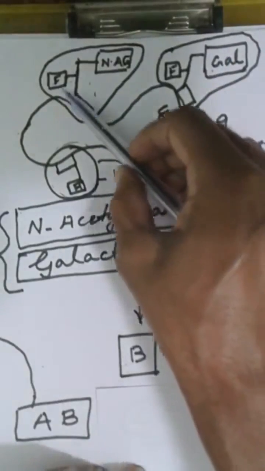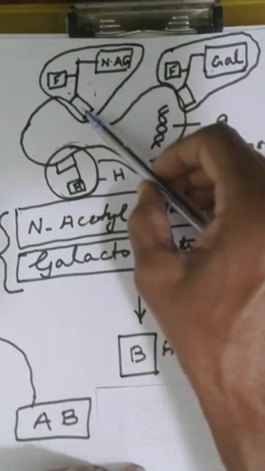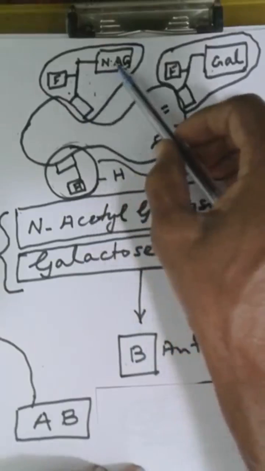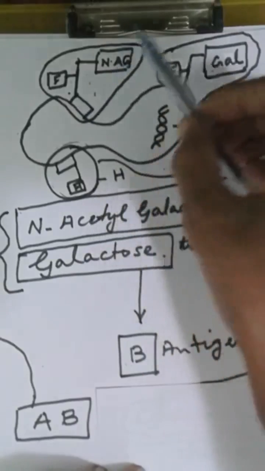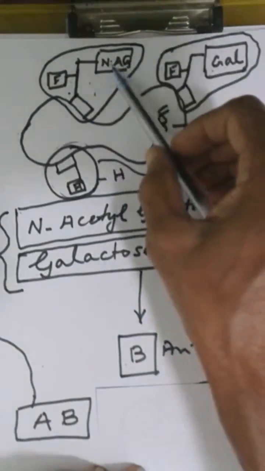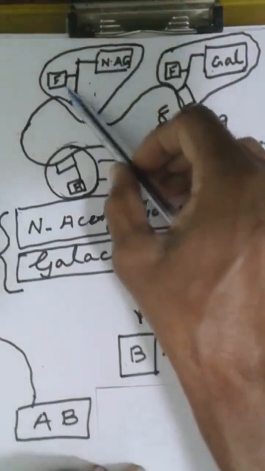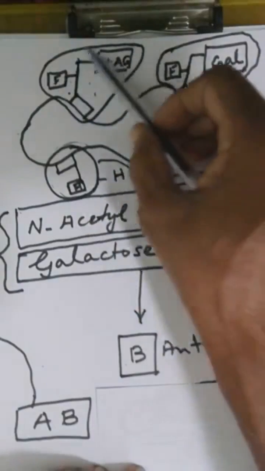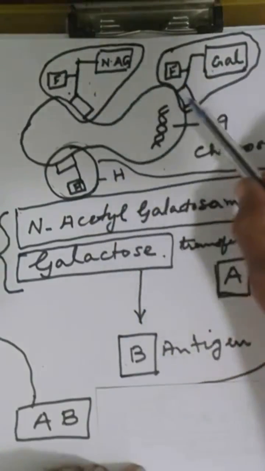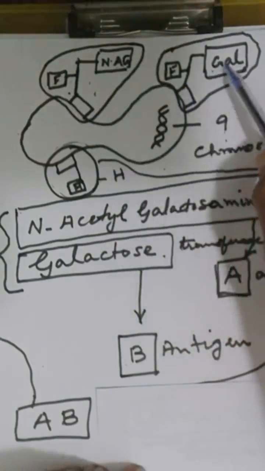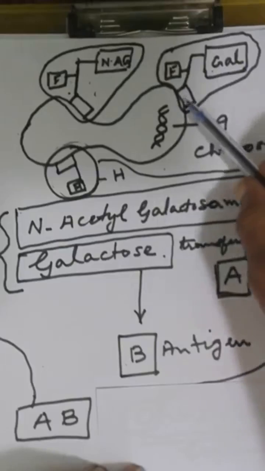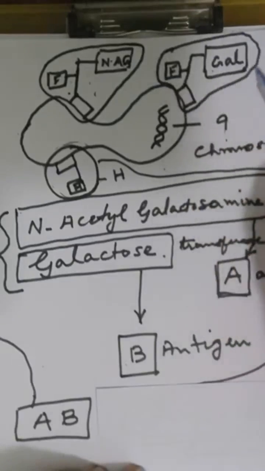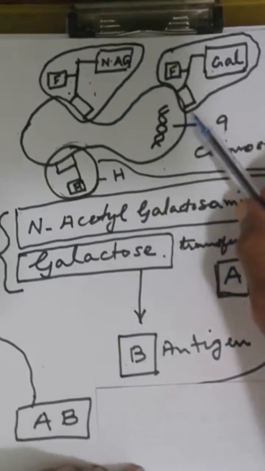In the left hand side, this N-acetyl-galactosamine is attached to the H substance. So this is A antigen. Here galactose is attached to the H substance. So this is B antigen.